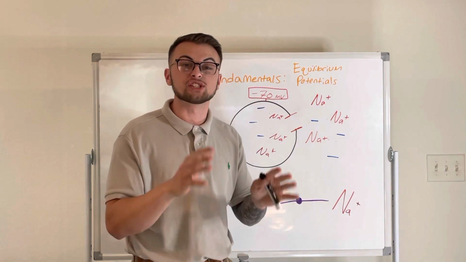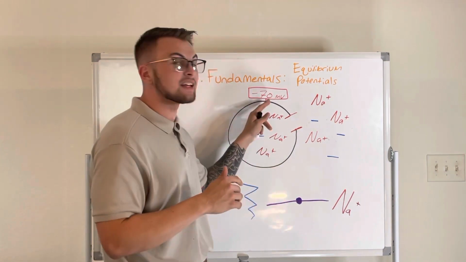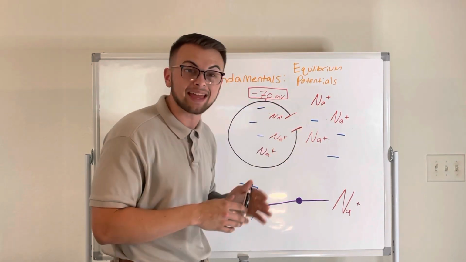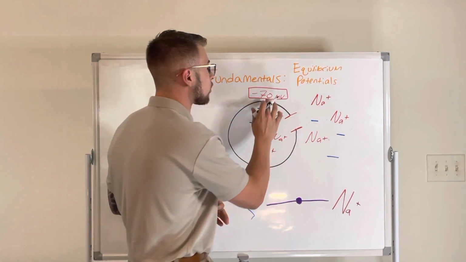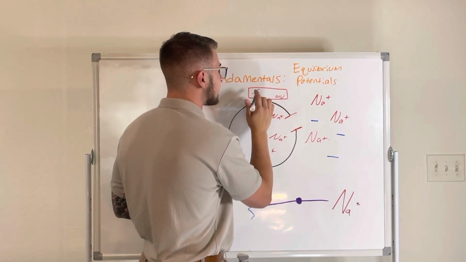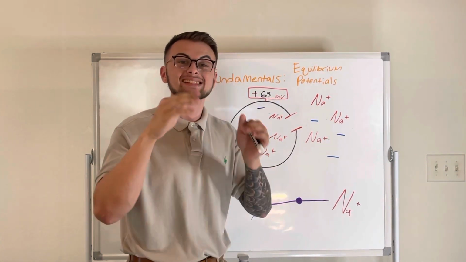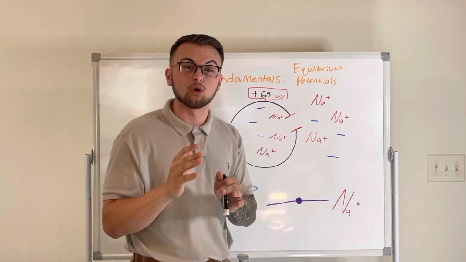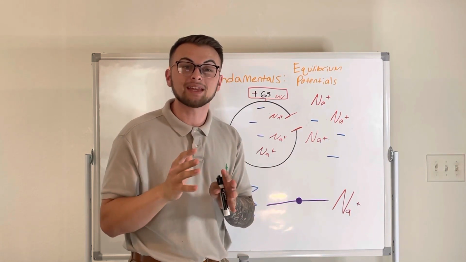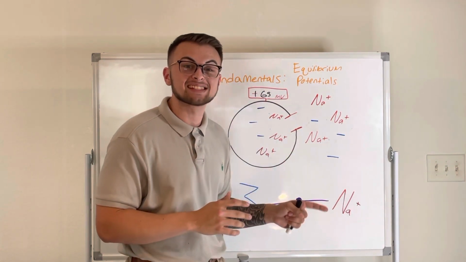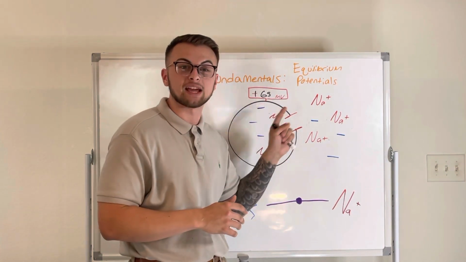Now, our cell started out at negative 70 millivolts, and as our sodium came in, it got more and more positive. It gets so positive, in fact, that at around positive 65 millivolts, our sodium became happy and it stopped coming into the cell. This is the equilibrium potential.